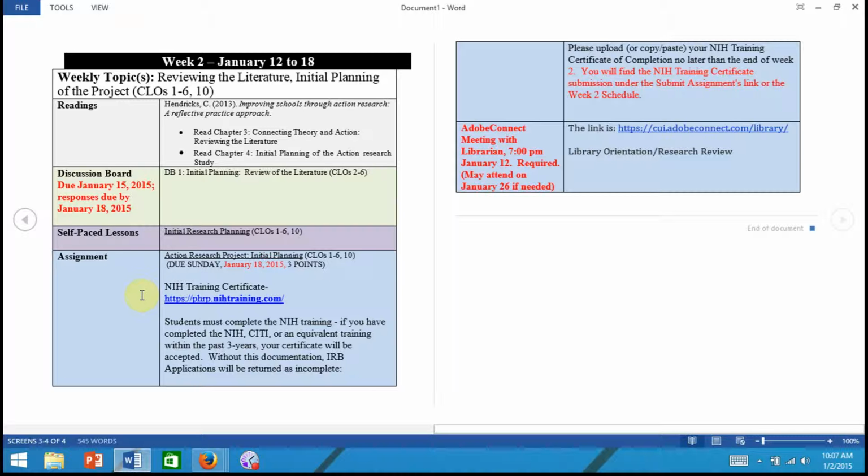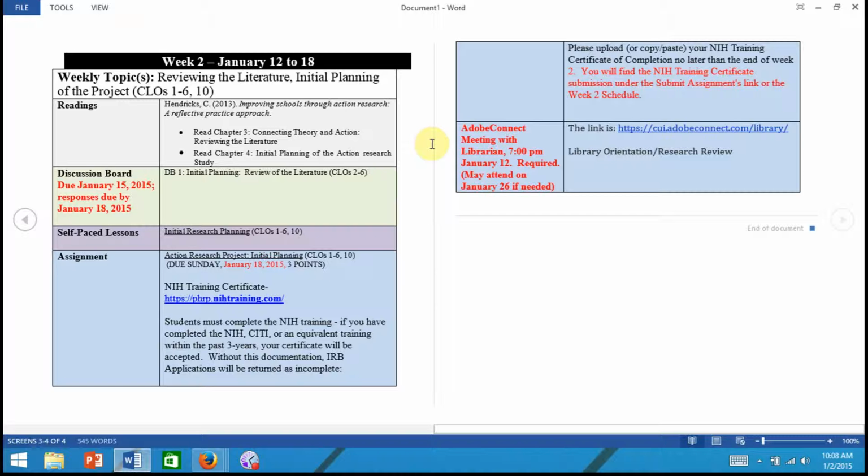The other assignment you have is to complete the NIH training, which helps researchers know how to address their subjects as they are collecting data. That training takes quite a few hours to complete, so jump on that as soon as you can. There is some flexibility with the deadline, but I recommend you get it done as quickly as you can and have that certificate by the time we send in our proposals to IRB for approval.